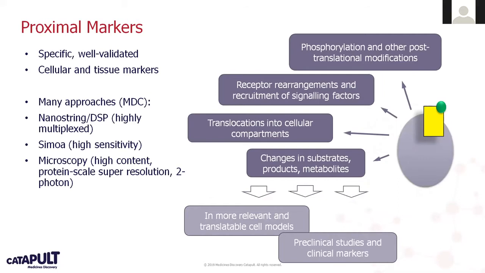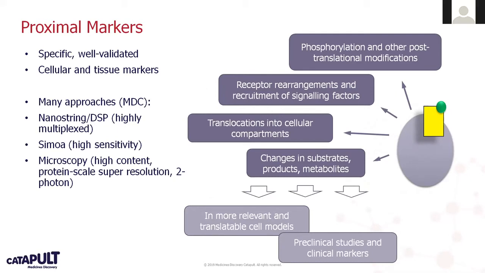Now on to proximal markers, and just to highlight a few aspects of this. What you're looking for with a proximal marker is something that's well validated and specific. It's well validated to be specific to that interaction between your ligand and that intended target.